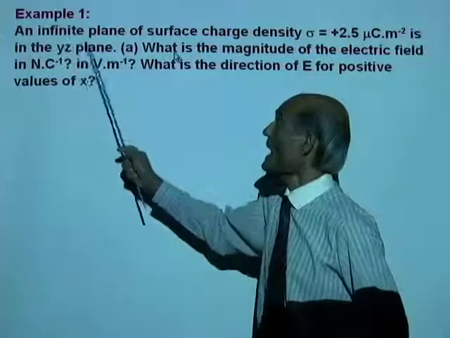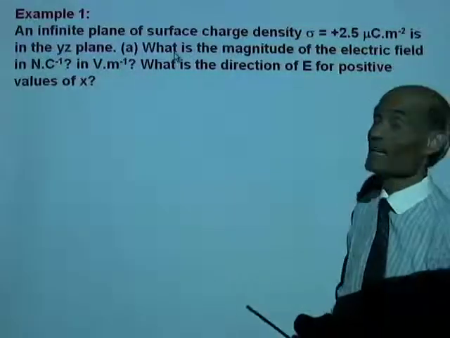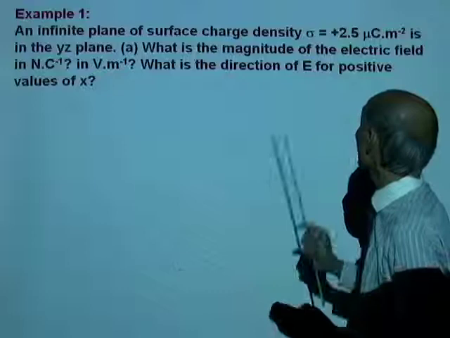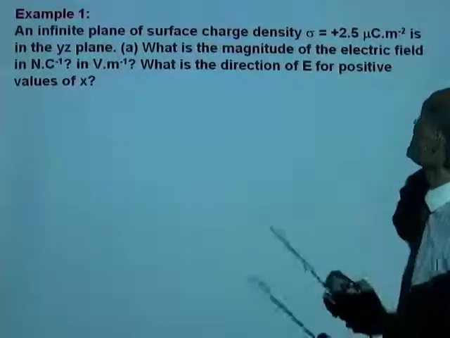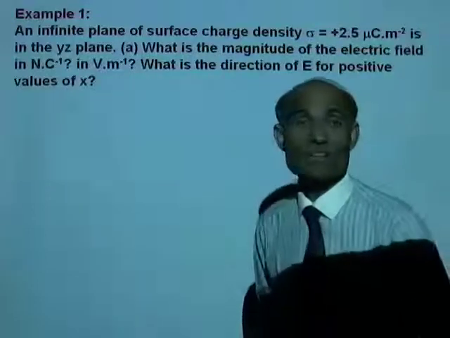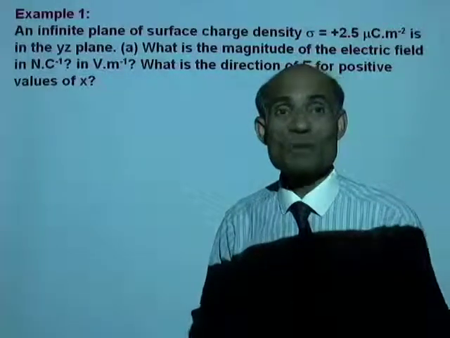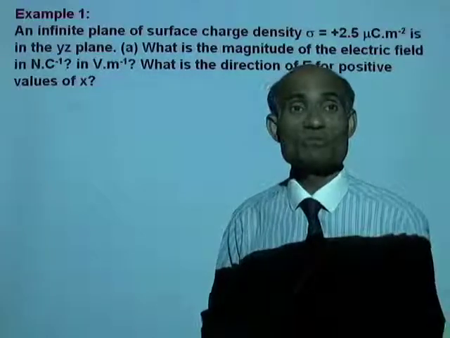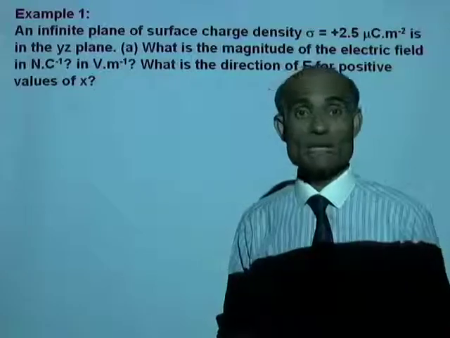Example 1. An infinite plane of surface charge density sigma equal to positive 2.5 microcoulomb per meter squared is in the YZ plane. What is the magnitude of the electric field in Newton per coulomb and in volts per meter?